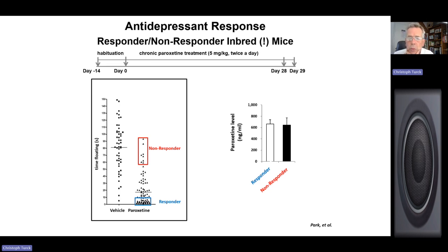And for this purpose, we used mice again, and we fed them chronically paroxetine, which is a selective serotonin reuptake inhibitor. We did that for about a month. And then we found indeed, by using over 100 mice, that we can distinguish so-called responder mice and non-responder mice.